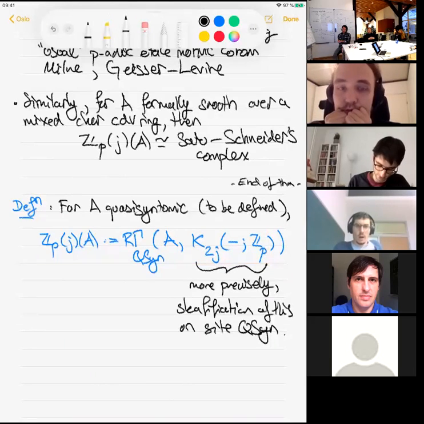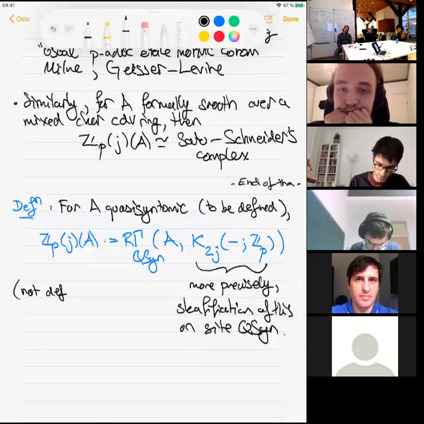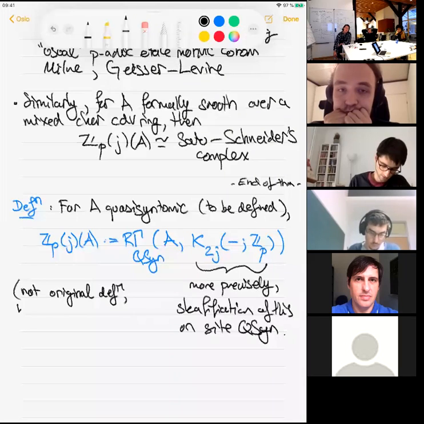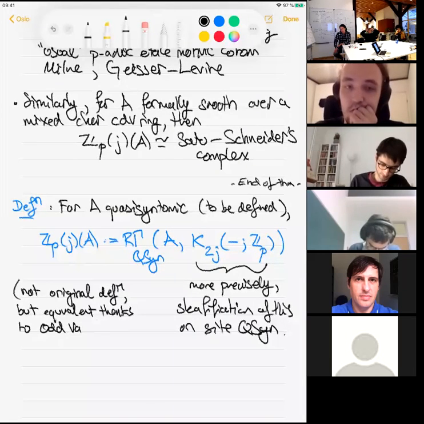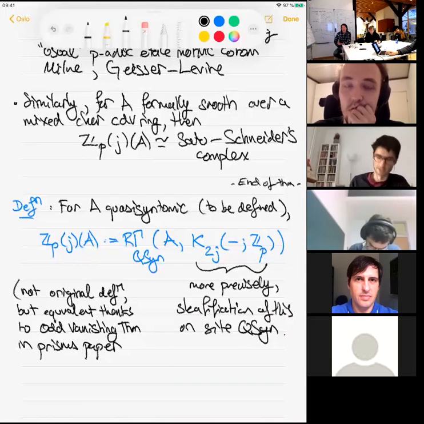This is not the original definition, which you find in BMS2, but equivalent, thanks to the so-called odd vanishing theorem in the Prisms paper, which shows that there are no contributions appearing from odd K groups.